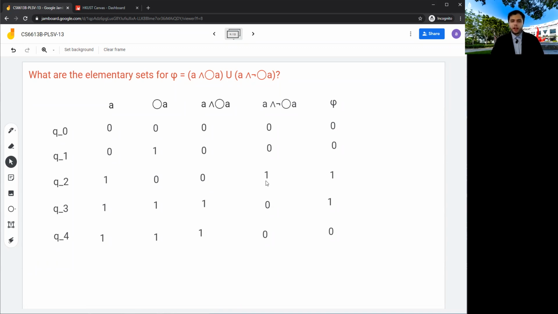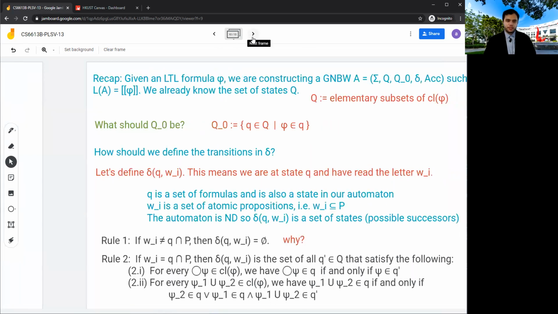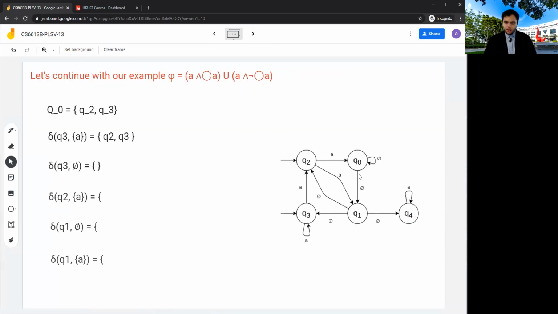So I don't get any constraints out of having phi in Q2. But I don't have next A in Q2, so I have not next A in Q2. And so in the next step, I should have not A. So in the next step, A should be 0, so only Q0 and Q1 can be the successors. So if I start with Q2 and I read A, I can only go to Q0 and Q1.